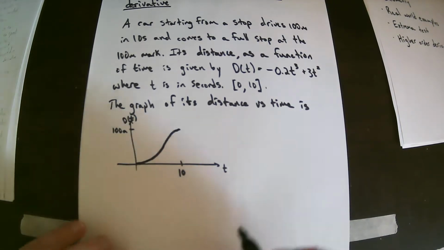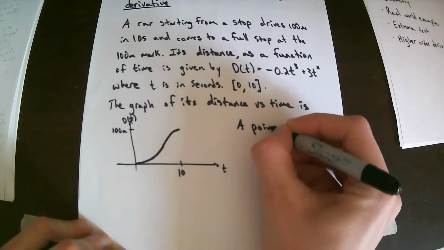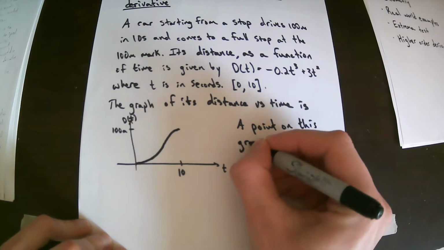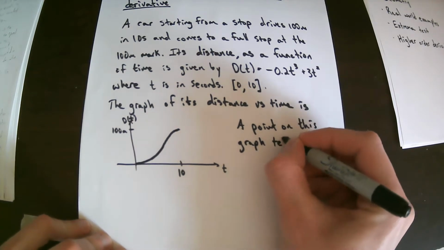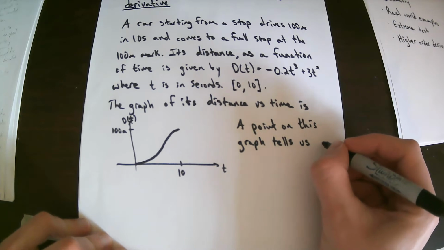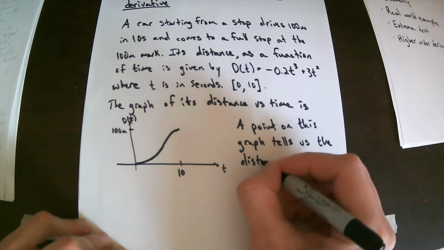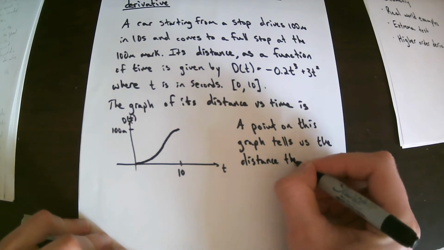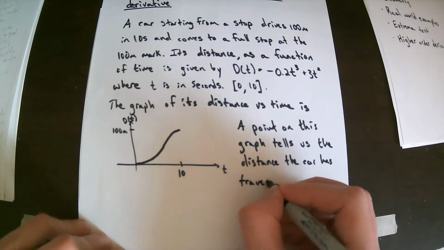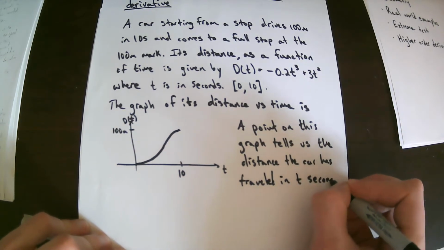Okay. What does a point on this graph tell us? A point on this graph tells us the distance the car has traveled in t seconds.